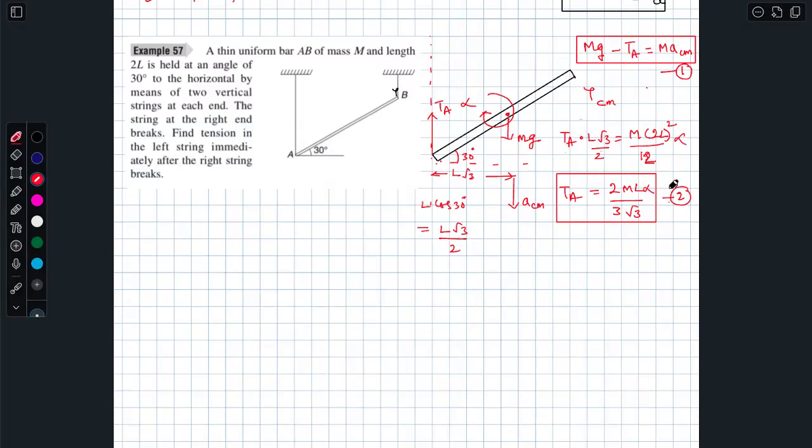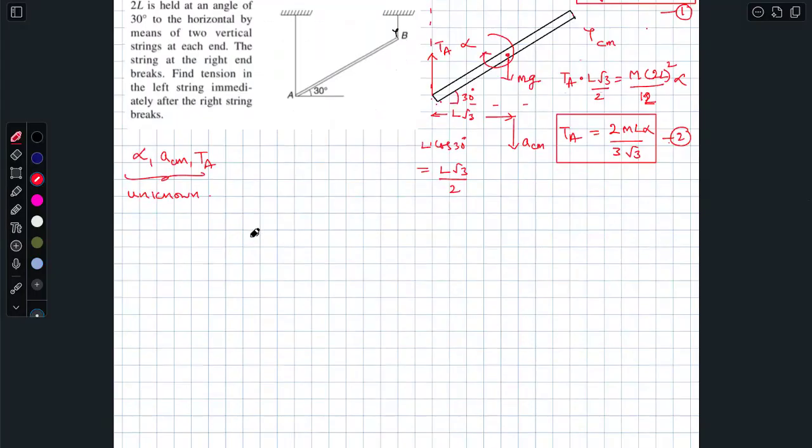You said okay for this. Alpha missing. Right. So again, what are the unknowns? Alpha unknown, a_CM unknown, tension unknown. You require one more equation. You got only 2 equations. You require one more. How to identify that?